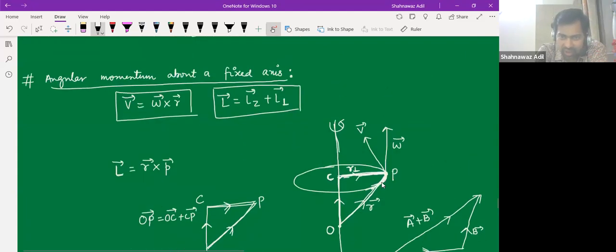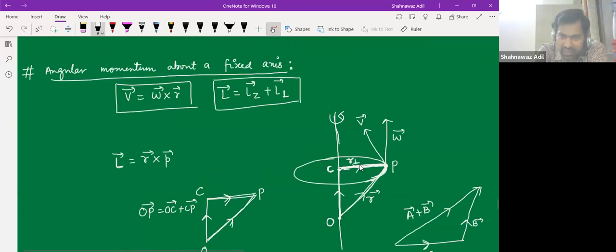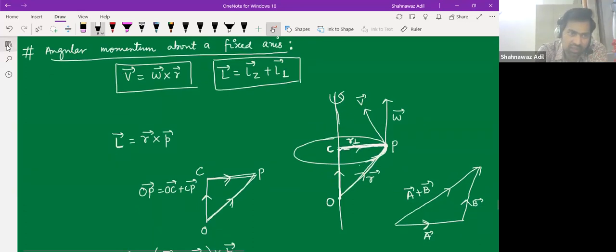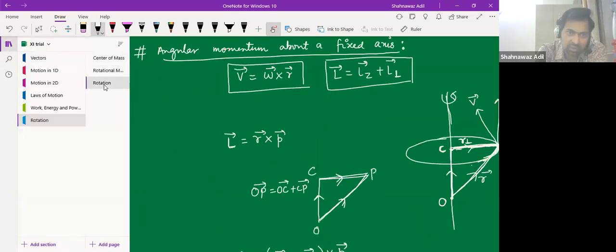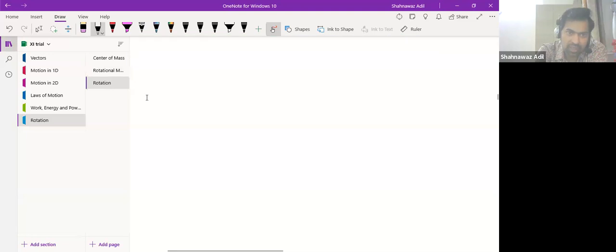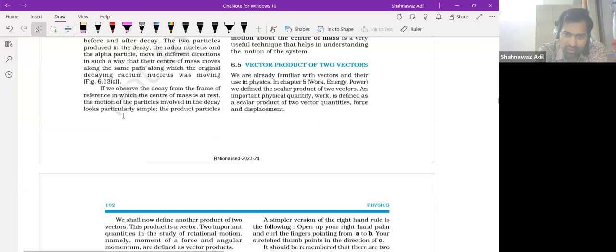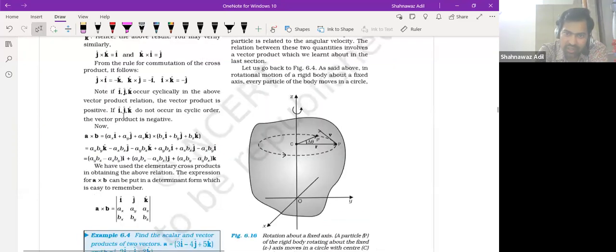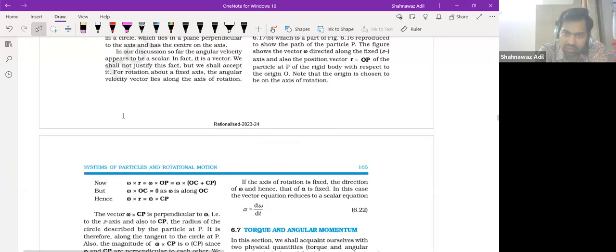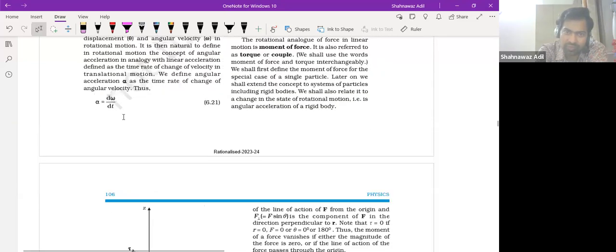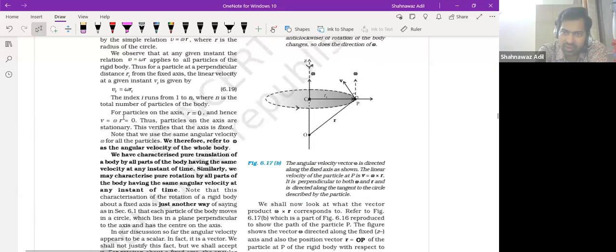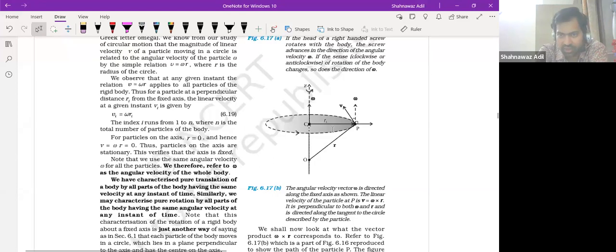And my drawing is bad, so you guys can see this drawing on the right. So this is the actual method, right? This is the y direction. This is the z direction.